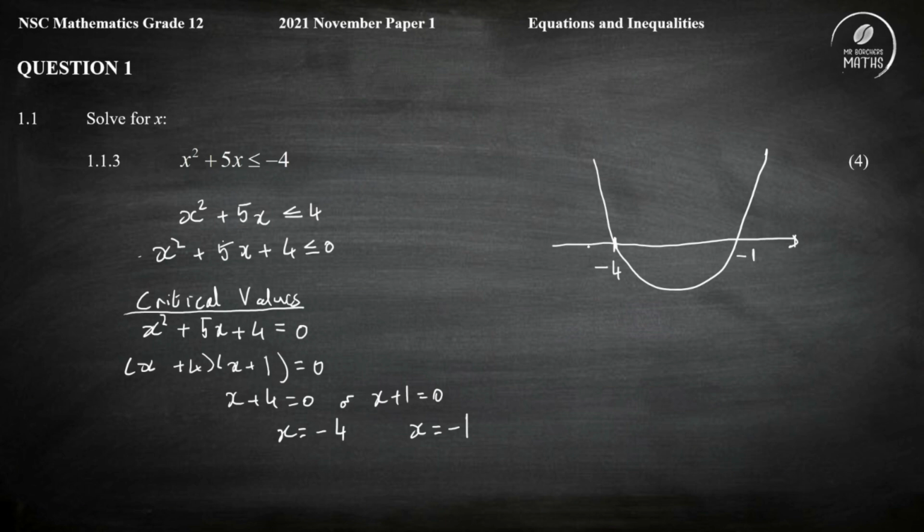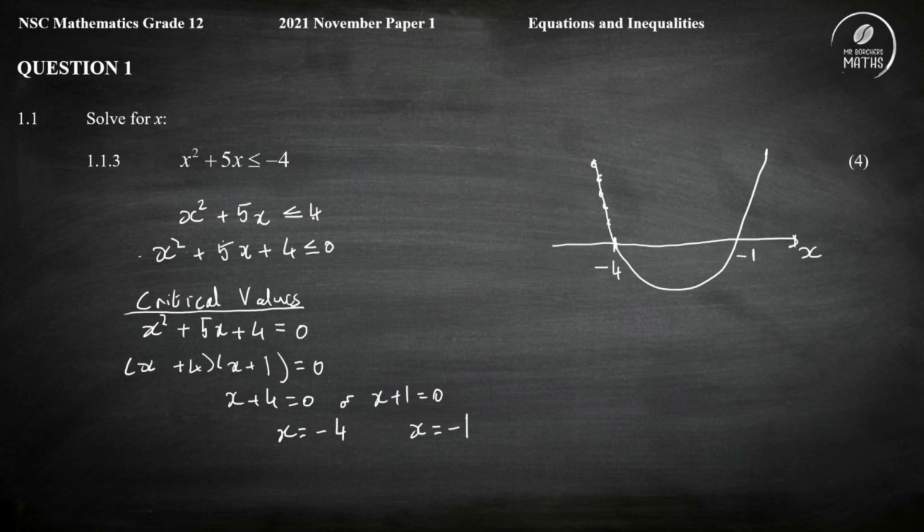So imagine we're moving from left to right, putting in different x values as input values into this expression. Each of these input values is going to give a positive output value or a negative output value. When x is less than negative 4, we are getting positive output values. So each of these x values that are less than negative 4 are mapping onto positive output values.